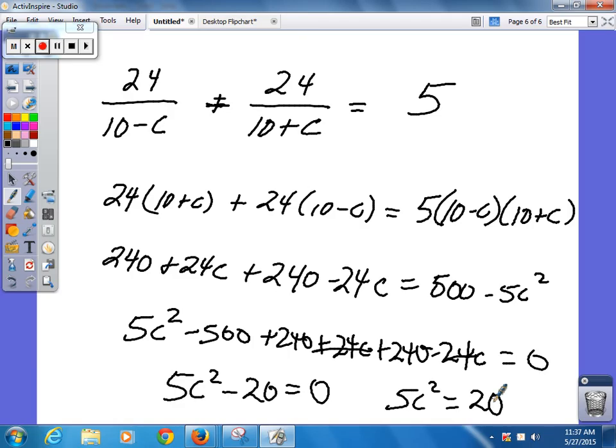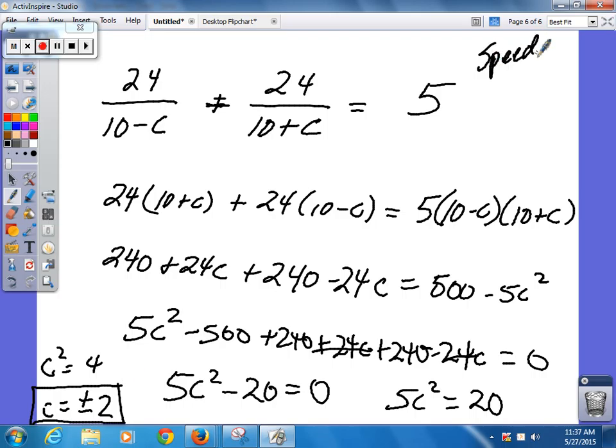C squared is equal to 4. C is equal to positive or negative what? So what is the speed of the current? 2 miles per hour. So the speed of the current is 2 miles per hour.